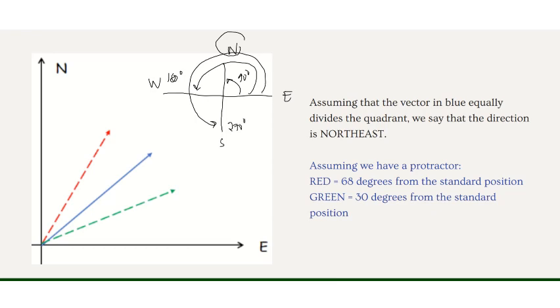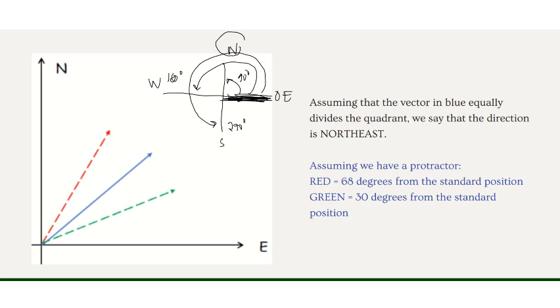So generally, the basis for north, west, and south is always the east, since it is our standard position, because this is 0.